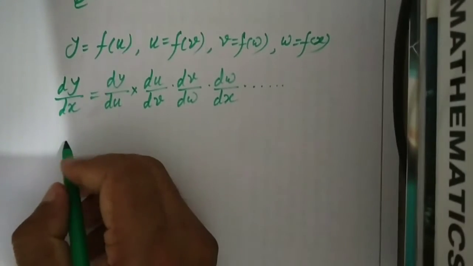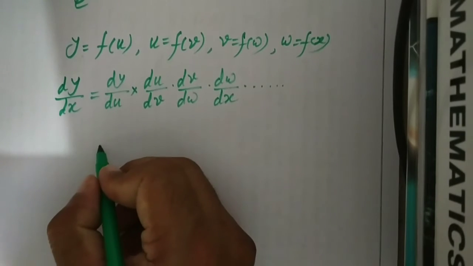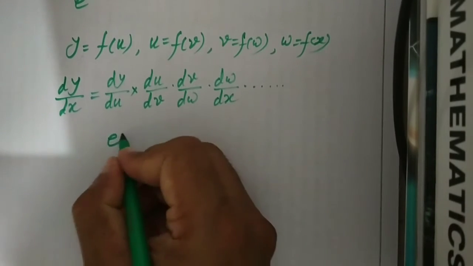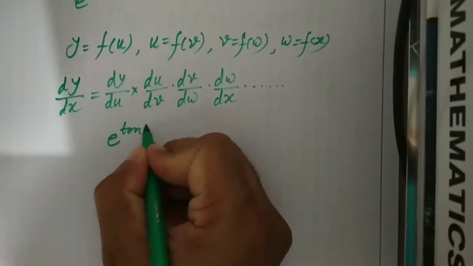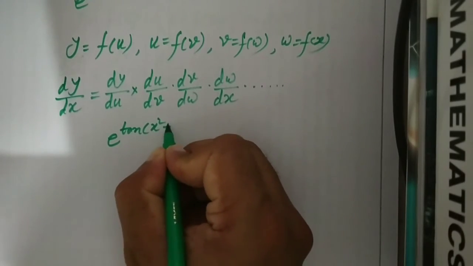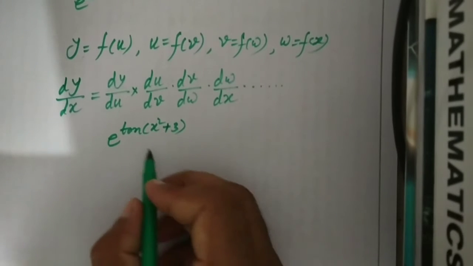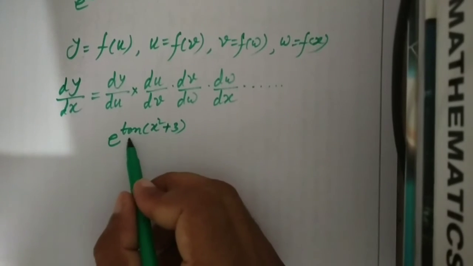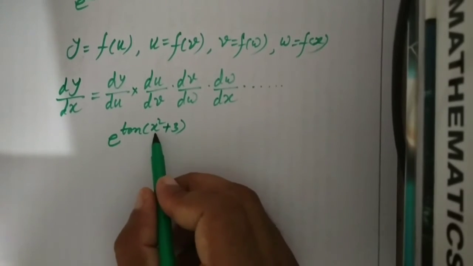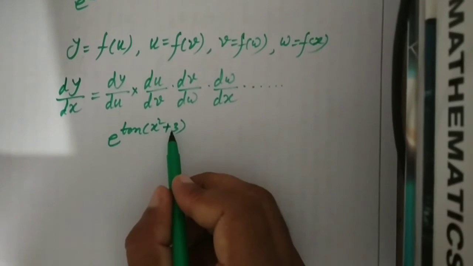Let's have one example. Suppose the function is e to the power tan of x squared plus 3. Here there are three functions: one is the exponential function, one is the trigonometric function, and inside that trigonometric function there is an algebraic function.